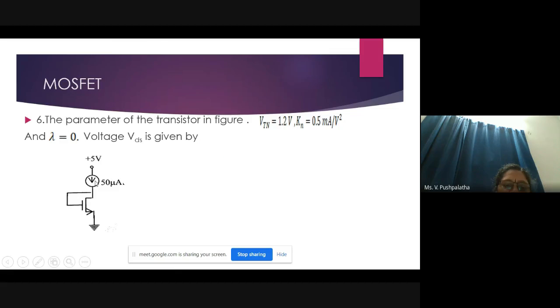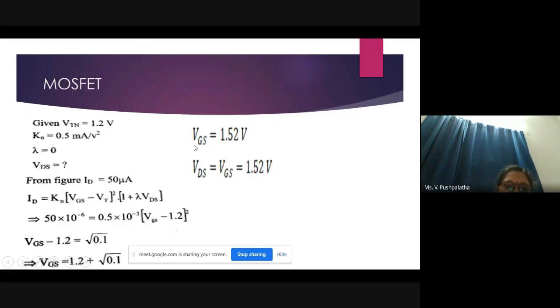Now, you need to find out the output voltage. For that, they had given the IDS value, they had given threshold voltage, they had given Kn value. So what you have to do is, given threshold voltage as 1.2 volt, right? Kn equal to 0.5, right? And lambda value equal to 0. We need to find out what is your VDS. Okay, so I told you that from the figure, actually it is 50 microamps, right?